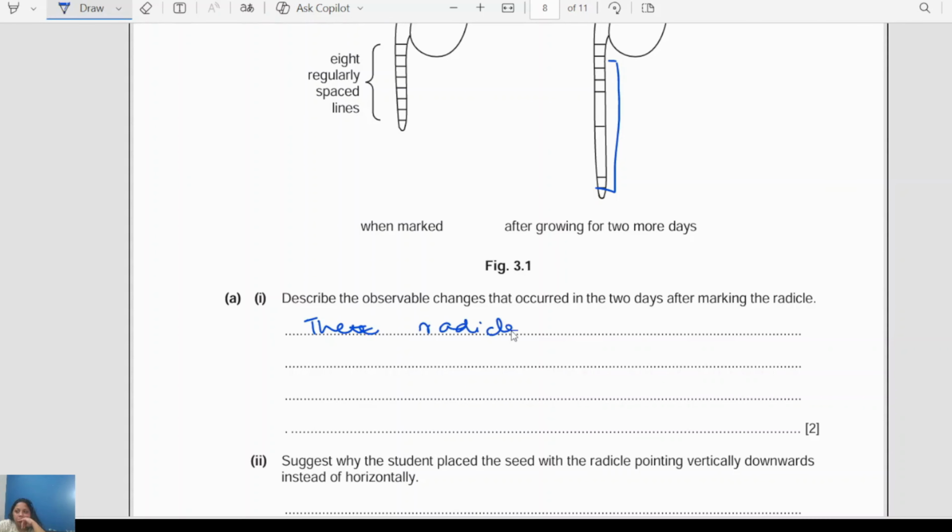There is uneven growth. If you look at these spaced lines, some lines have grown more as compared to the others. Uneven growth in the spaced lines.